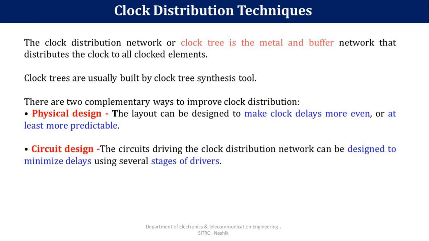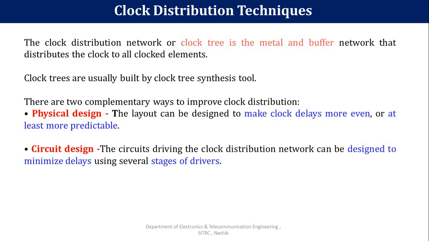This network is known as a clock distribution network. To generate or implement the clock tree, clock trees are usually built by a clock tree synthesis tool, meaning special software included in the synthesis tool, which is used to implement this clock tree.